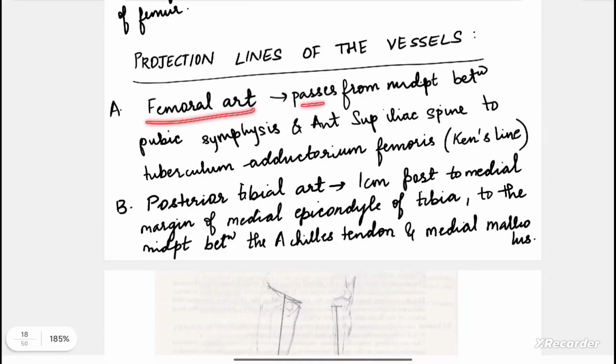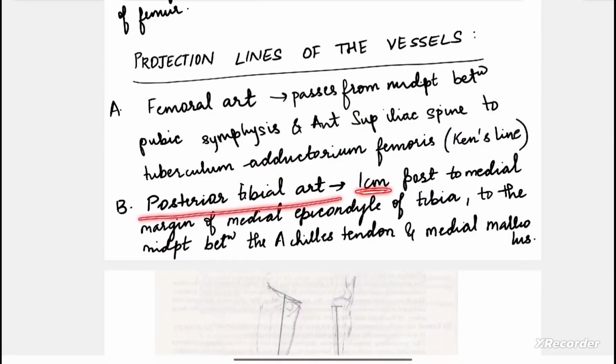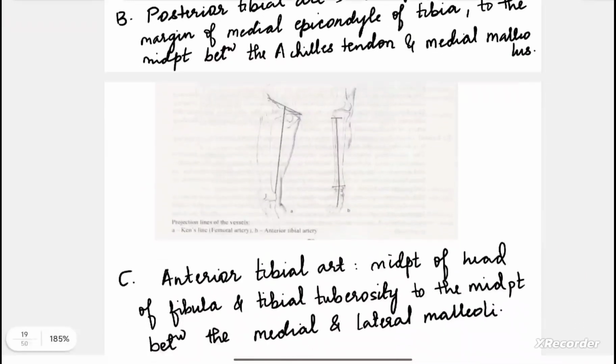Next are the projection lines of the vessels. The femoral artery passes from the midpoint between the pubic symphysis and anterior superior iliac spine to the tuberculum adductorum femoris, which I already told you is Keen's line. The posterior tibial artery runs from 1 cm posterior to the medial margin of the medial epicondyle of the tibia to the midpoint between the Achilles tendon and medial malleolus.